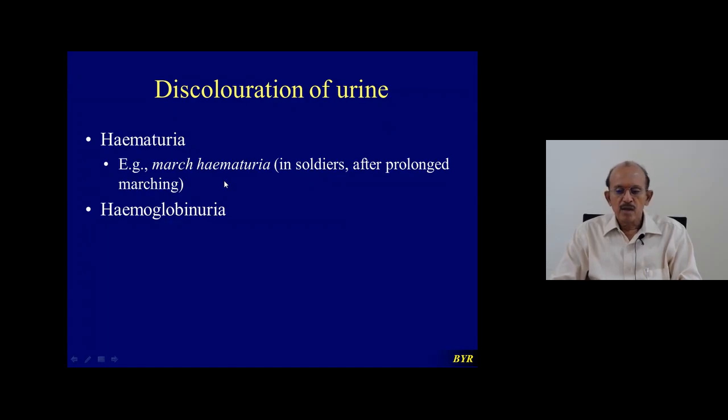Okay, I will tell you. The exact cause is not known. There are various postulations for this. Whenever a person does strenuous exercise, the body compensates by sending more blood to the muscles. How can it send more blood to the muscles?